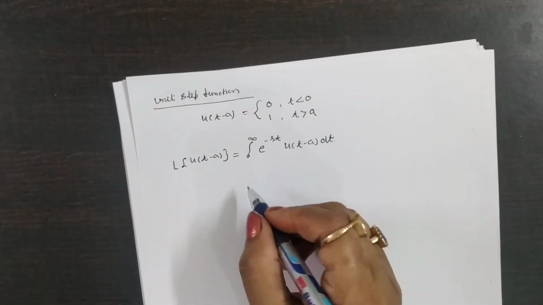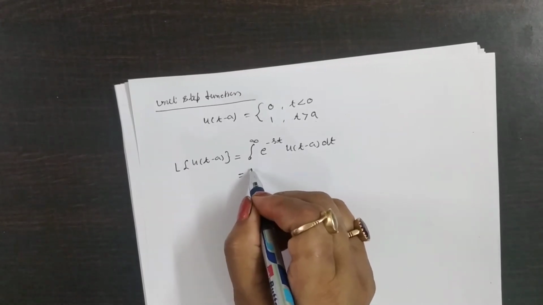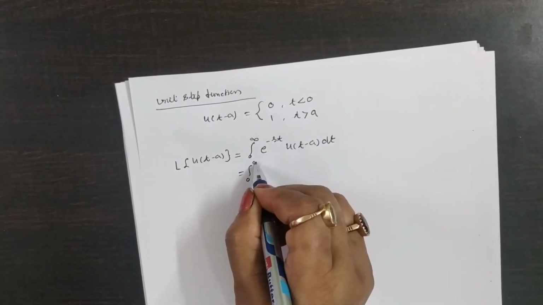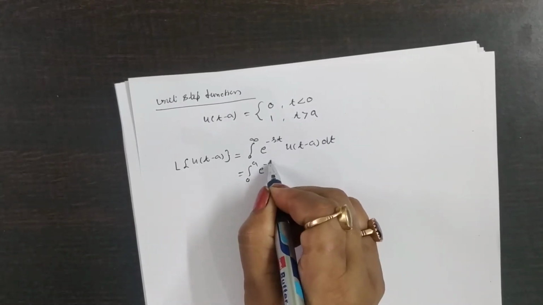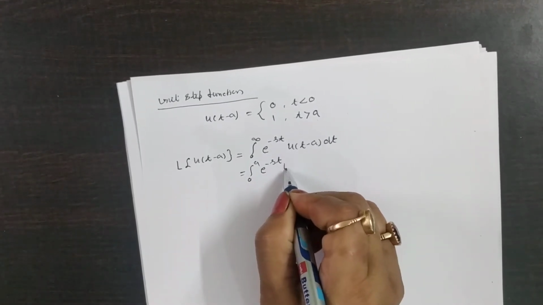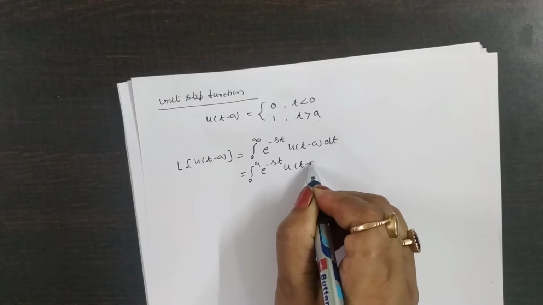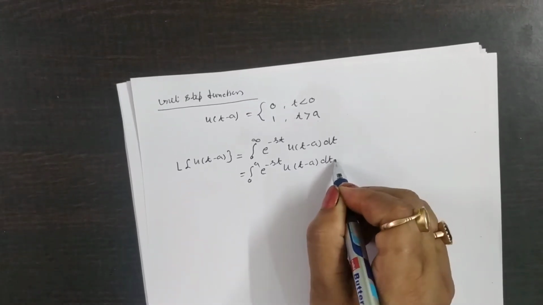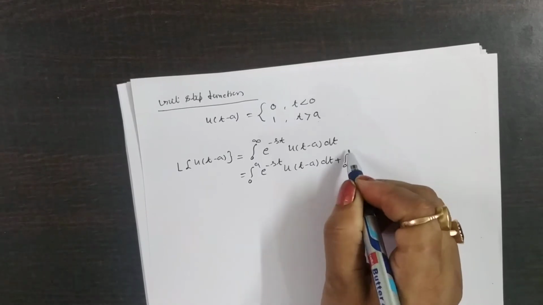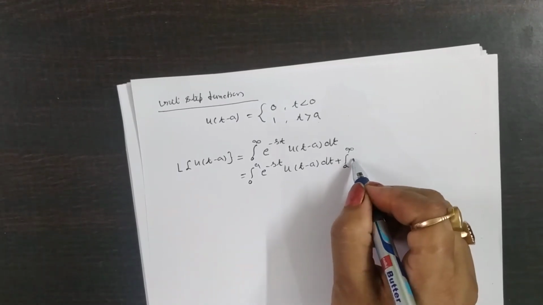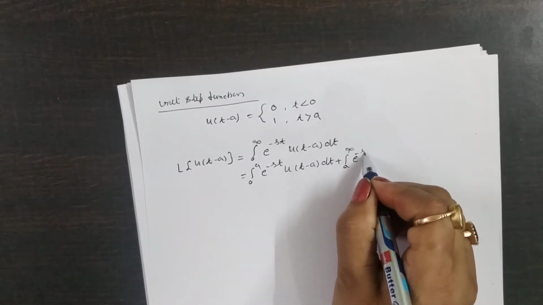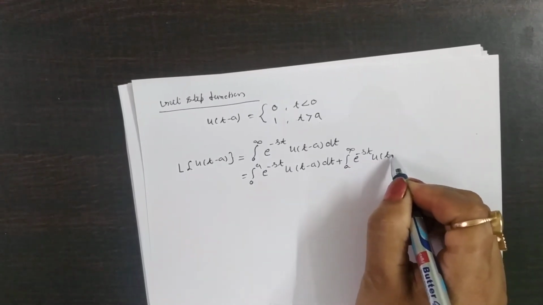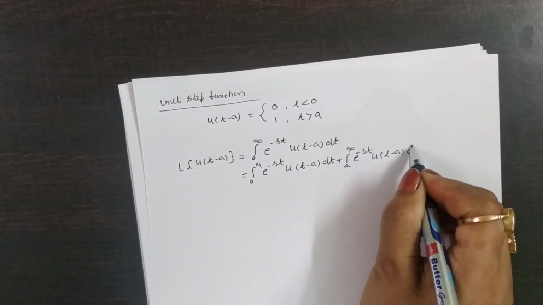So we break this integral in the form: integral from 0 to a of e to the power minus st u(t minus a) dt plus integral from a to infinity of e to the power minus st u(t minus a) dt.